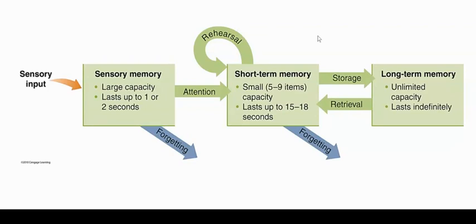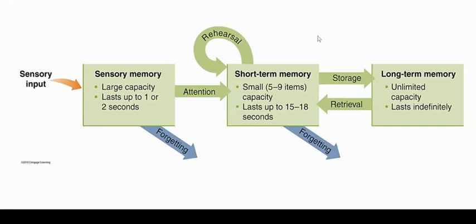Then short-term memory. In this case, the Atkinson-Shiffrin model initially proposes it's on the scale of seconds, but it can also be a few minutes, definitely. It's small, like 5 to 9 items. We heard about this thing, working memory, 7 plus minus 2 chunks of information.